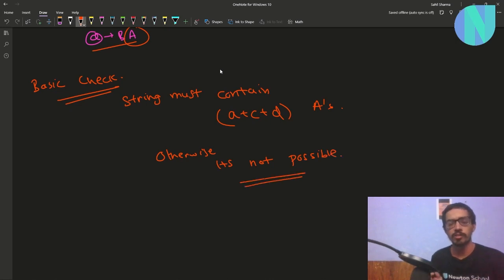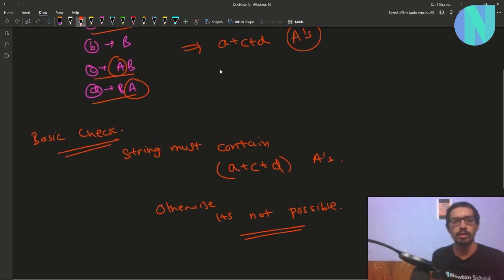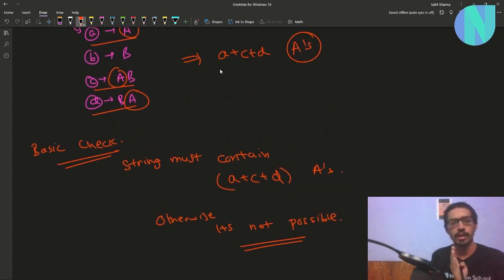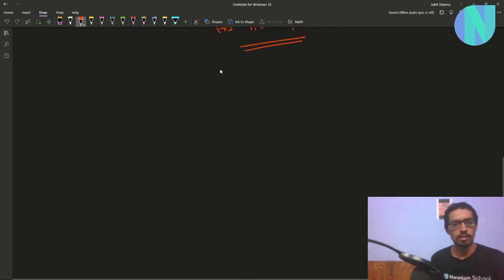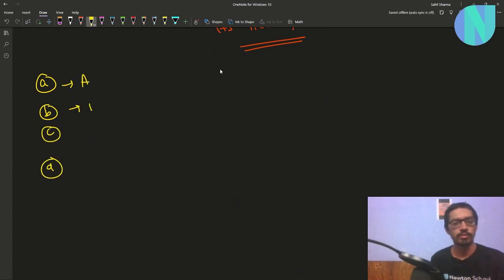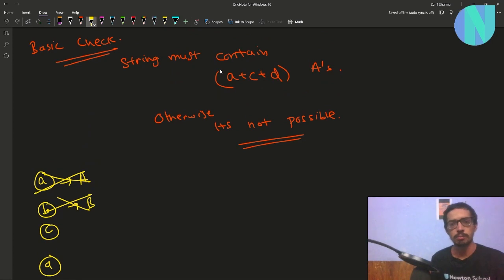Now that we are done with this step, we don't need to care about A and B now, because we know that there are enough A's and B's. Given a, b, c and d, we know there are a plus c plus d number of A's, and there will be the complement number of B's as well.